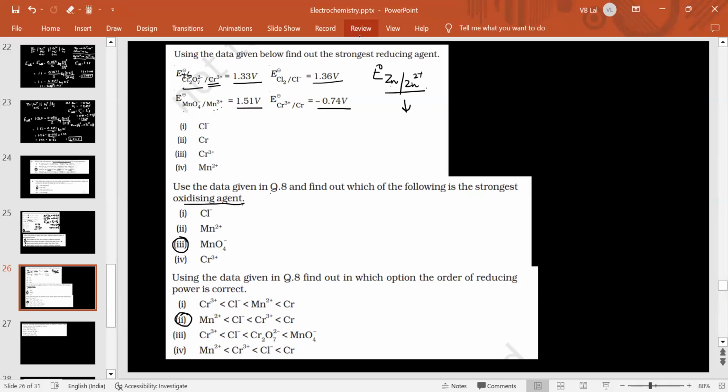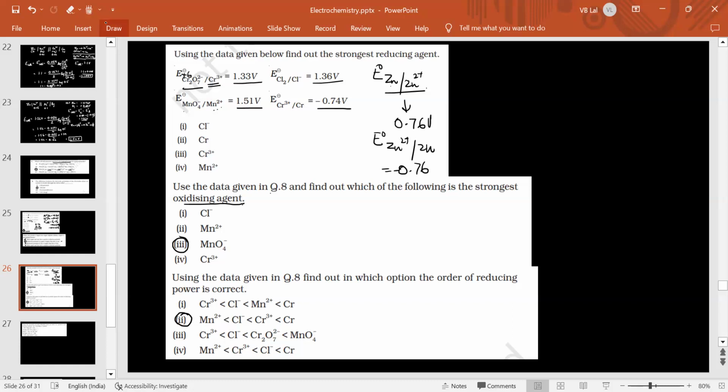So if the oxidation potential of zinc is given as 0.76 volt, then the reduction potential, which I will write in reverse, that will be Zn2 plus to Zn, and then it will be minus 0.76 volts. So I can reverse the value.